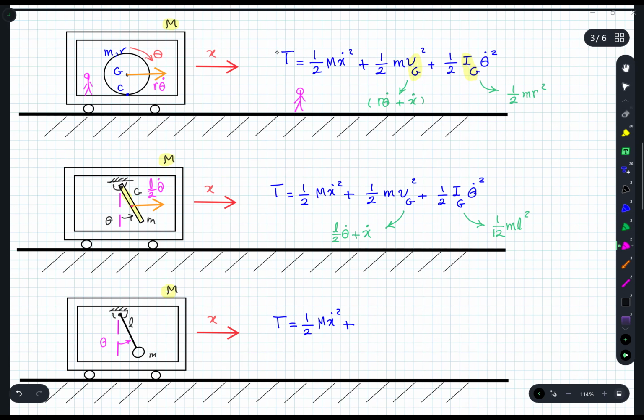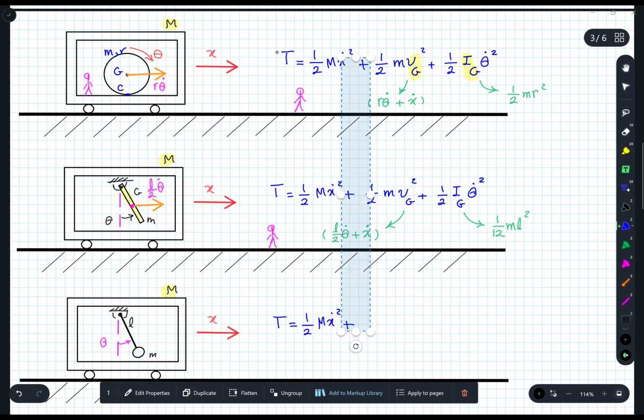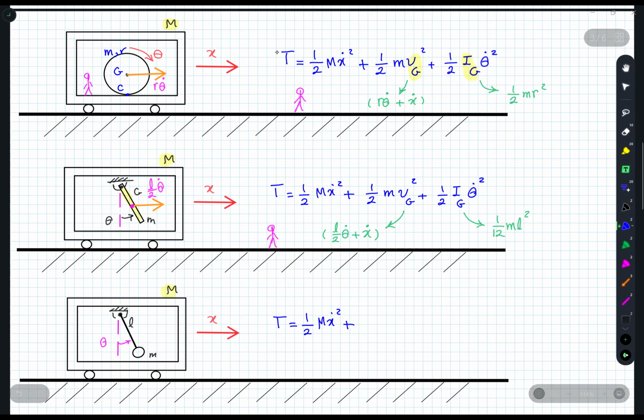Remember, the person standing outside watching the centroid, point G, noticed that the cart is moving with x dot, and the center of the pendulum is moving with half of L theta dot. Therefore, that's the velocity they see. So as you can see here, it's wrong actually to write the kinetic energy for the link as half of I_O theta dot squared. This is wrong. Be careful about that.